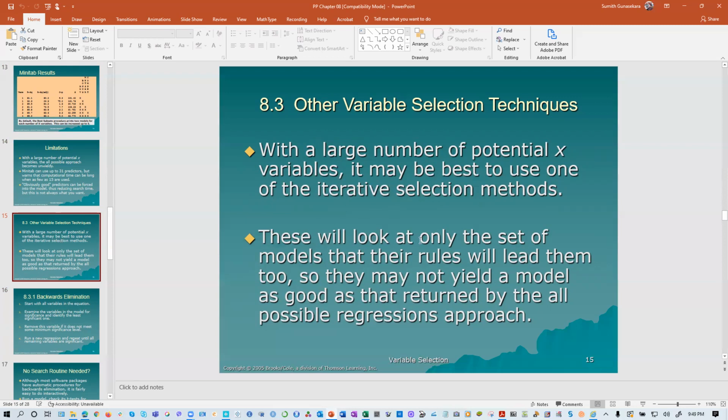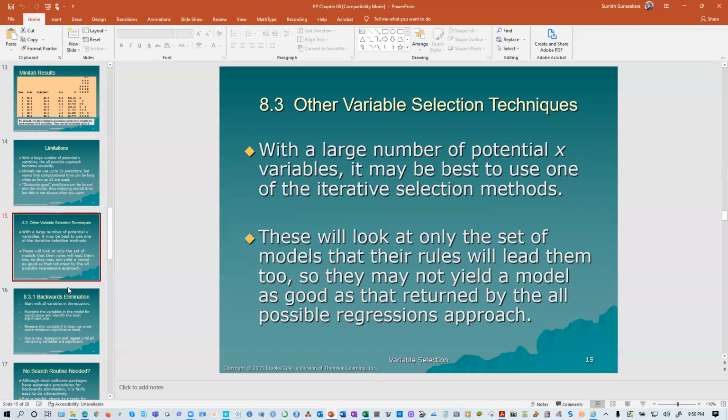These will look at only the set of models that their rules lead them to. So they may not yield a model as good as the one found by the all possible regression approach, but still that's the only way you can tackle this.